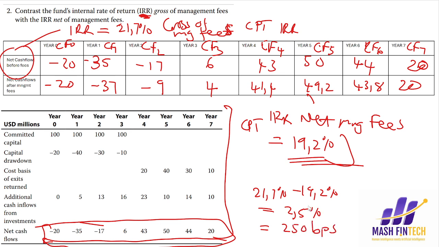So we are basically saying that the payment of 8.6 million fees spread over the time reduces the estimated rate of return for the limited partners by approximately 250 basis points.